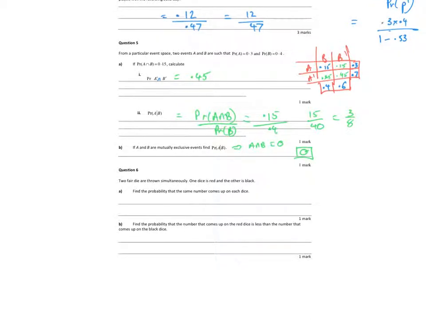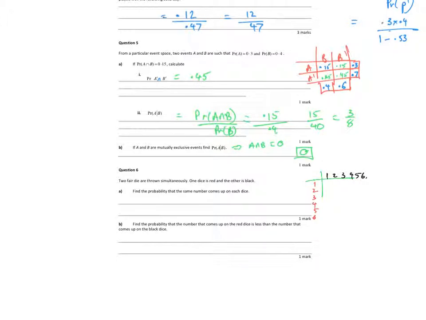Two fair dice are thrown simultaneously. One dice is red and the other is black. Find the probability that the same number comes up on each dice. Okay, so if you like, we've got 1, 2, 3, 4, 5, 6 and 1, 2, 3, 4, 5, 6.